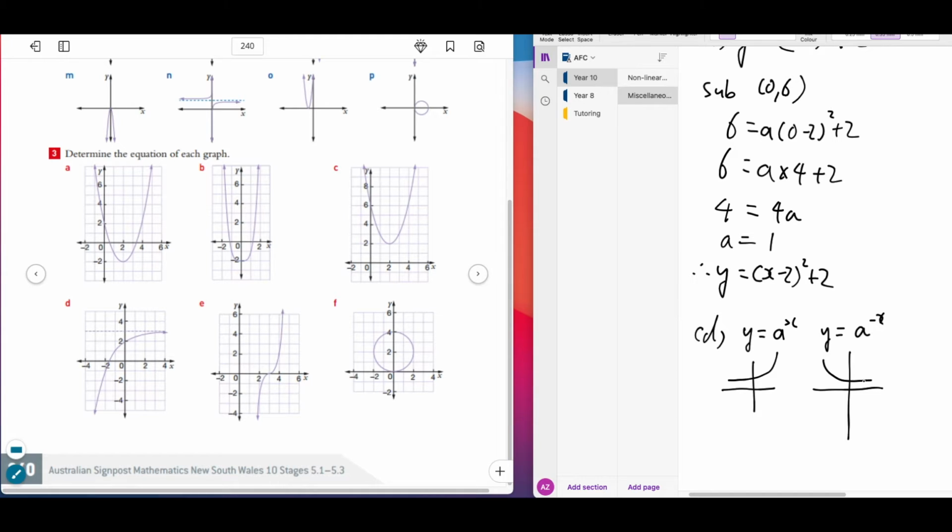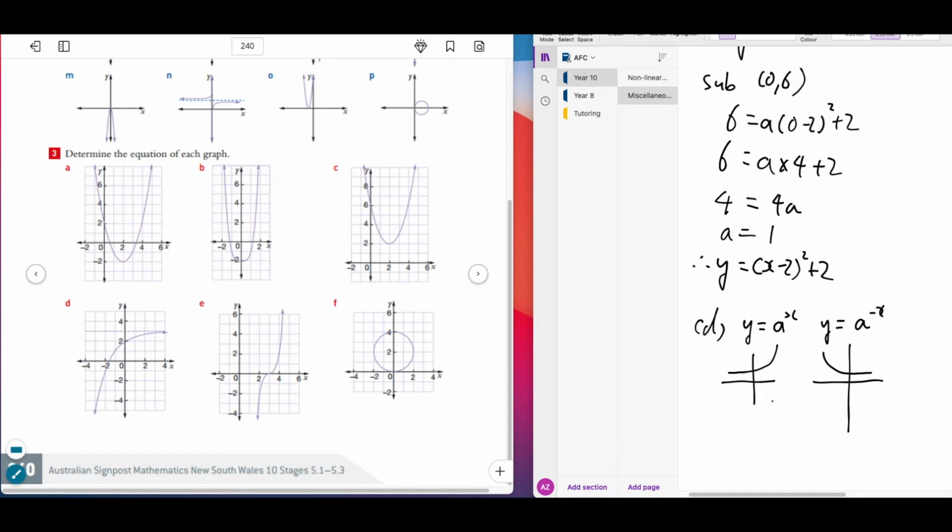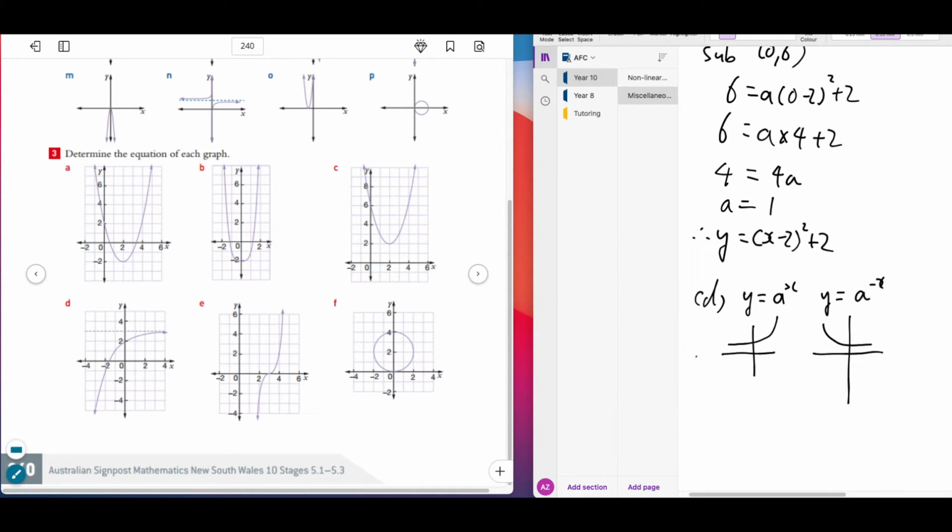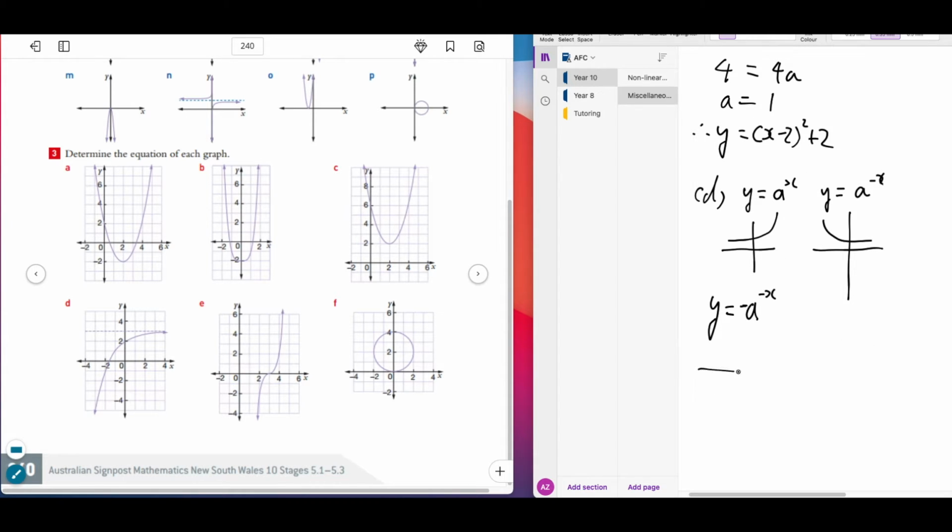Okay, so then how do you get the shape to look like that? Now, if we turn this graph, y equals a to the minus x, upside down, then what would that look like? y equals minus a to the minus x. So that's this graph turned upside down. Now, if we turn this graph upside down, then we do have something that kind of has that shape, right?